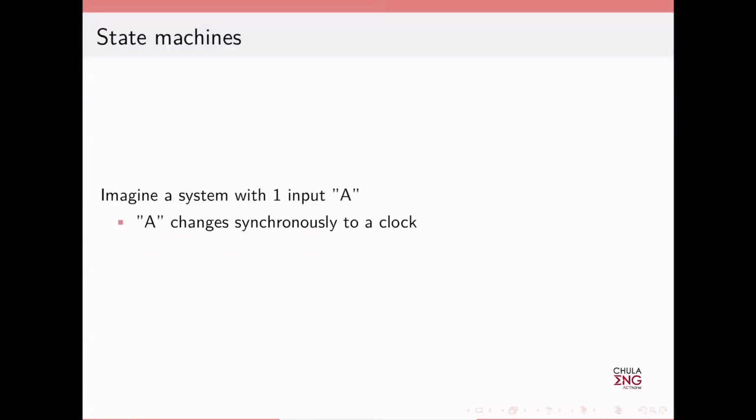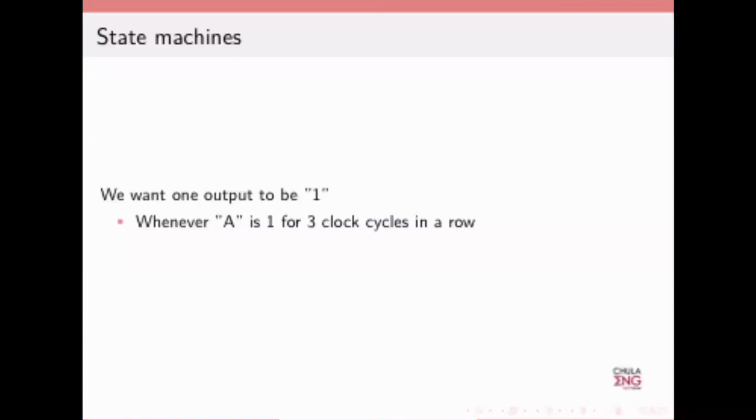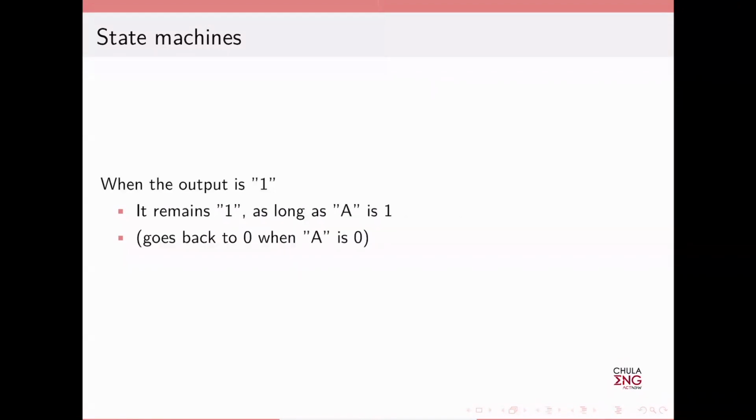Take a system where you have input A, and A changes synchronously, and whenever A is 1 for 3 cycles in a row, then the output will be 1. And then when the output is 1, it stays 1 as long as A is 1. If A changes back to 0, then the output will change to 0.